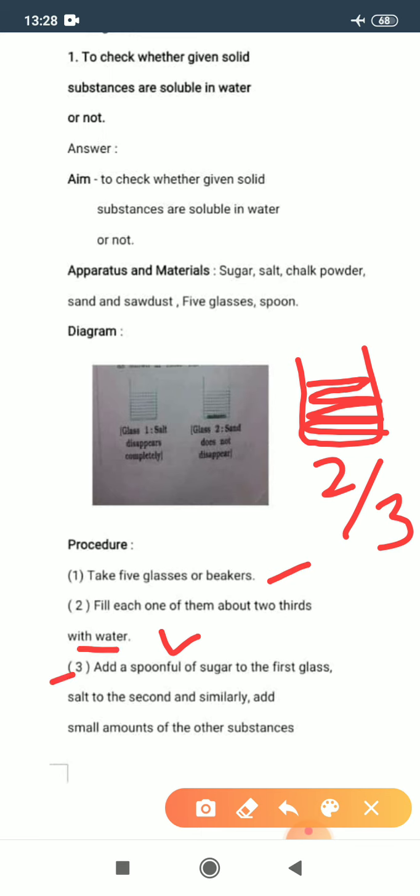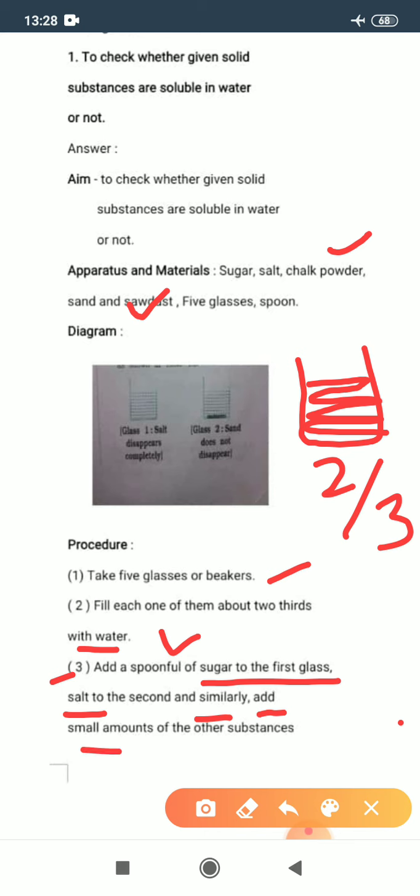Point number 3, add a spoonful of sugar to the first glass. In first beaker you need to add sugar, in second salt, and similarly in third beaker you need to add chalk powder, in fourth beaker sand, and in fifth beaker sawdust.